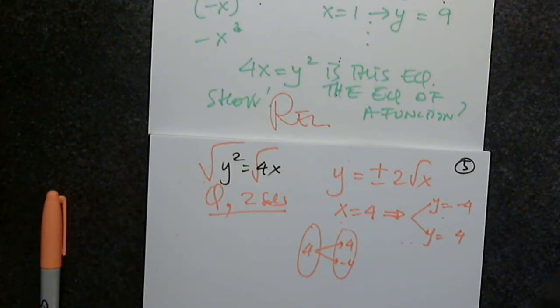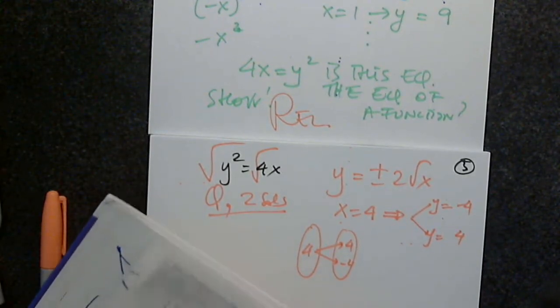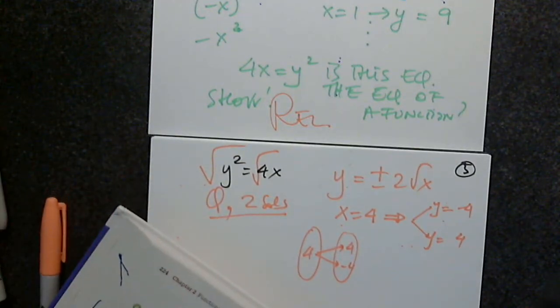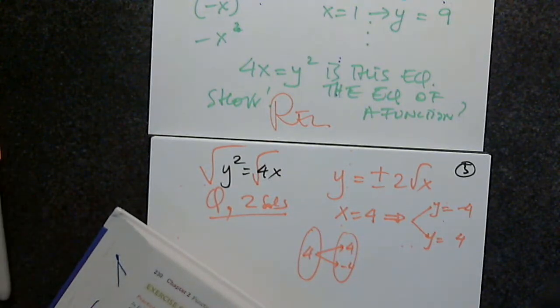Questions for me, please? Okay, so in this section, I would like to look at a couple of graphs. We're going to work together on several questions here. This is on page 230 and page 231.